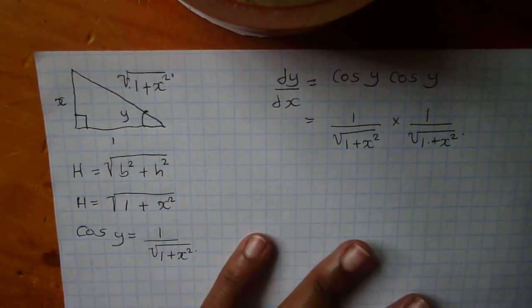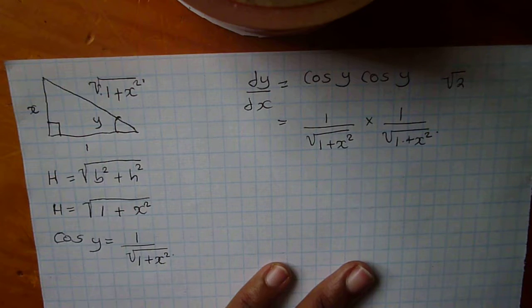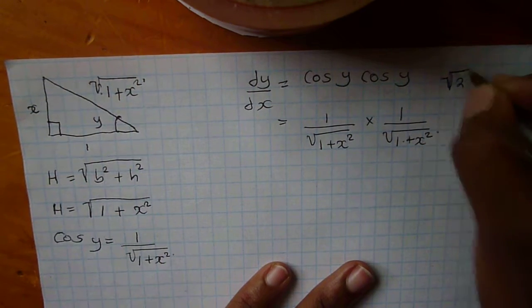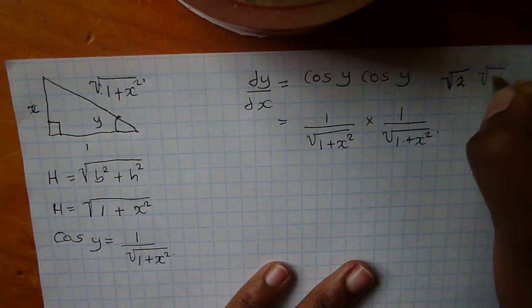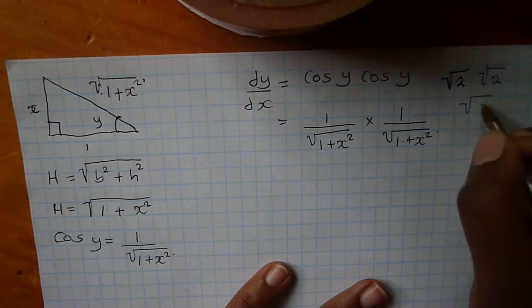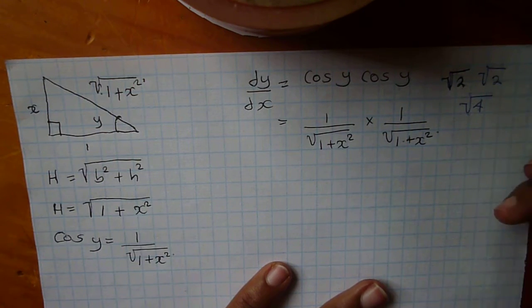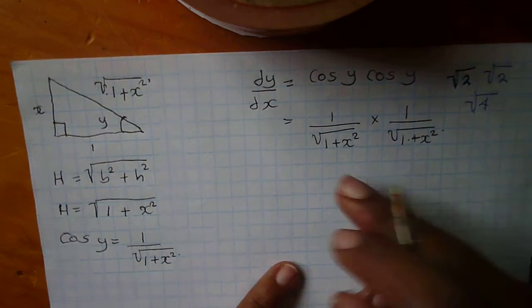You know that if we have something like root 2 times root 2, it's just the same as root 4. We just take the two, multiply them, and put them under the same square root. It will be the same thing here.